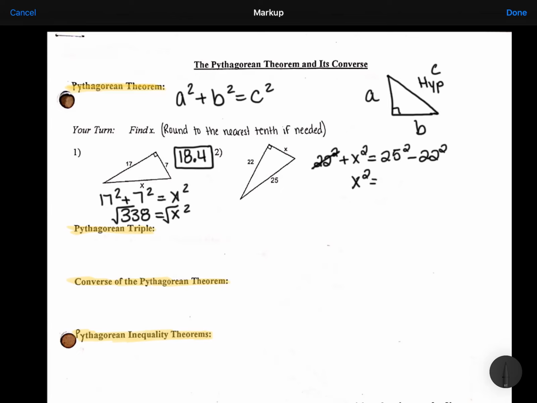So x squared equals, in my handy-dandy calculator, 25 squared minus 22 squared, and I get 141. To undo a square, you take the square root. So the square root of 141 to the nearest tenth is 11.9. So those are some example problems. They should strike some memory from when you did the Pythagorean theorem last year.